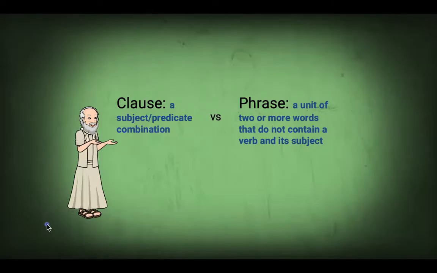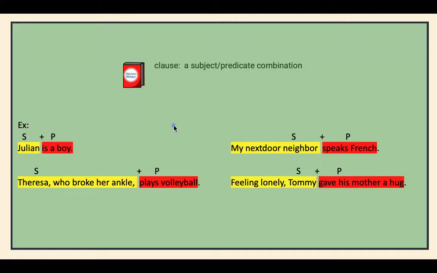When we speak of sentence patterns, we're talking about clauses, not phrases. You should remember from last year that a clause must have both a subject and a predicate. The complete subjects here, highlighted in yellow, are the nouns that are performing the actions, plus all the words that modify them.